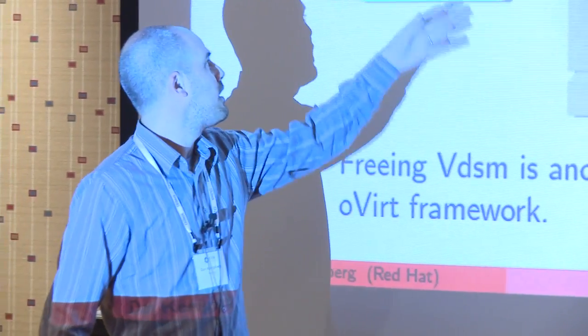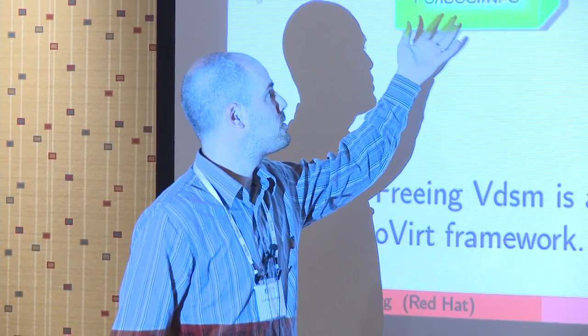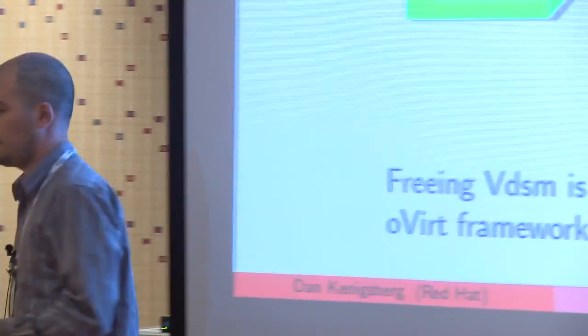It has to communicate with an authentication agent outside. It speaks to multiple hosts, has to expose storage on many servers, and can be accessed by clients, as you can see on the right-hand side. Let's speak about the architecture of VDSM.